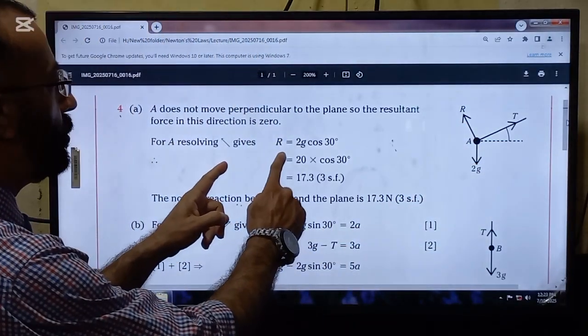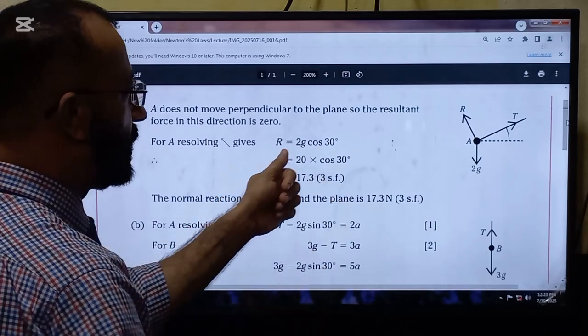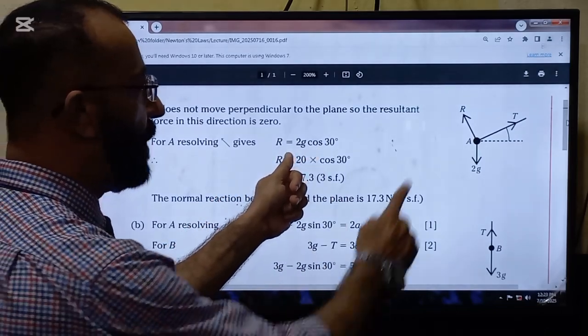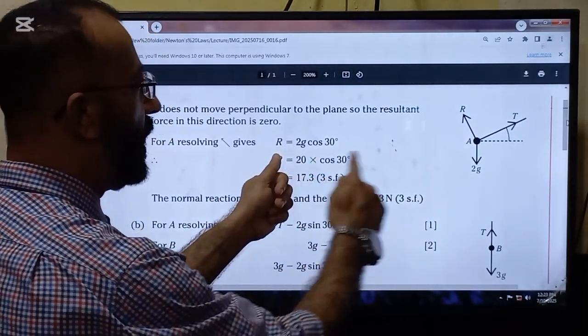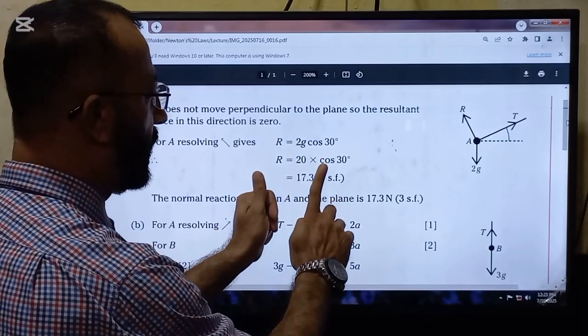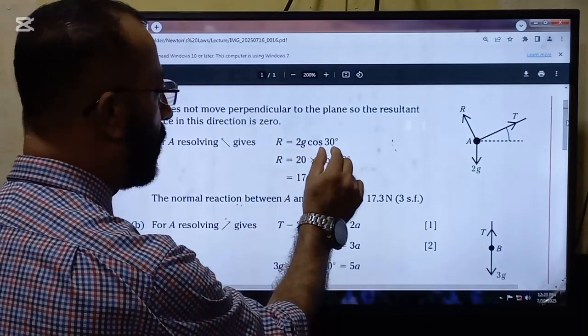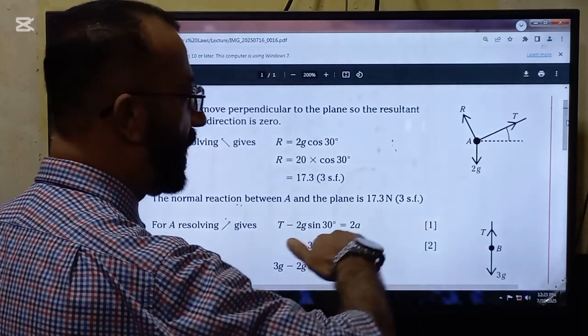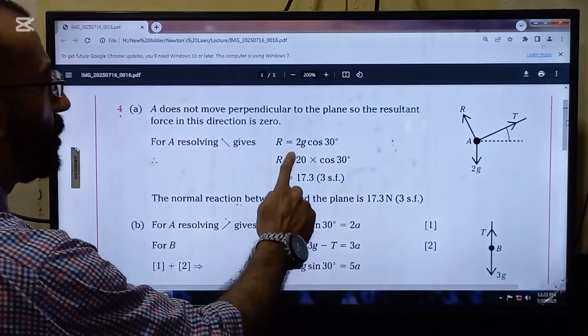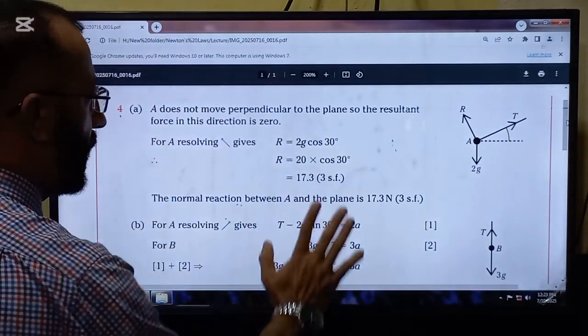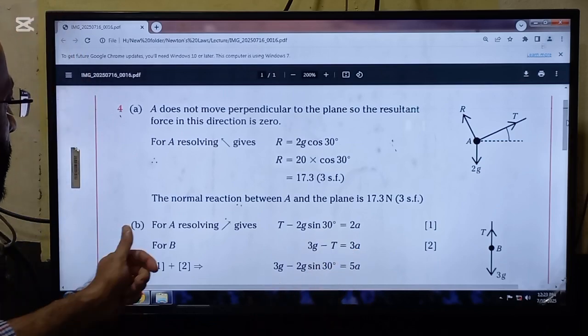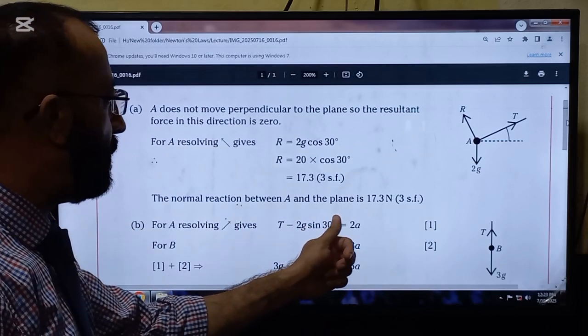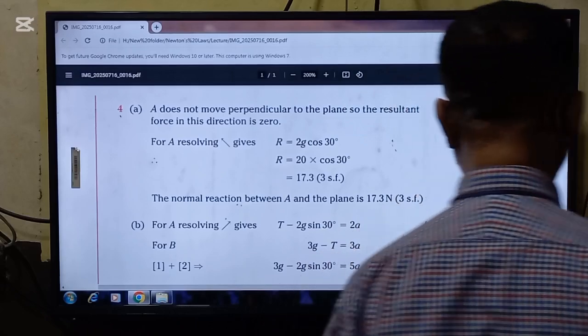So R is equal to 2g cos theta, that is W cos theta, because the mass of the particle is 2 and g is 10, and theta is 30 degrees. Solve it on the calculator and you will get 17.3, the normal reaction between A and the plane.